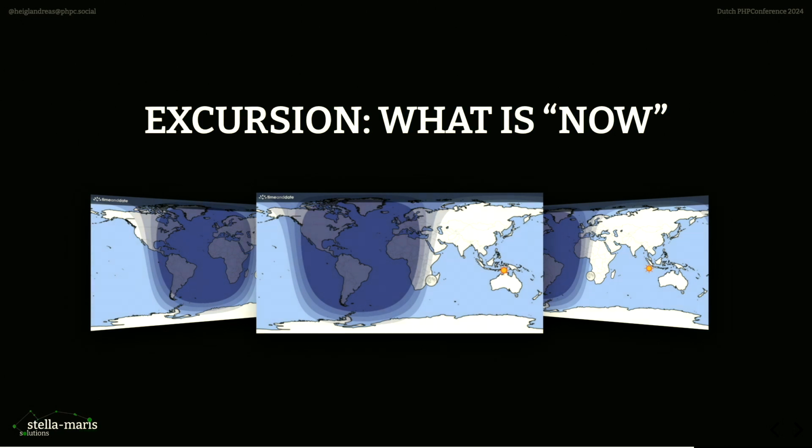Because each of these pictures is one slice of time. One slice of, this is now. And yes, at certain points on the globe, the clock shows you something different, but it is still the same time. There's a concept that a lot of people find difficult. I can understand that. Still, the time is always the same.